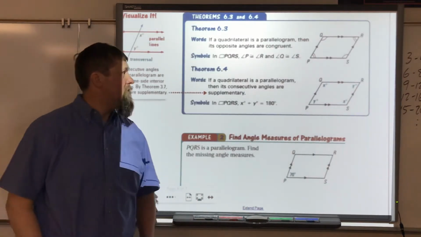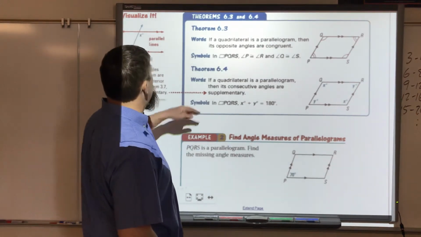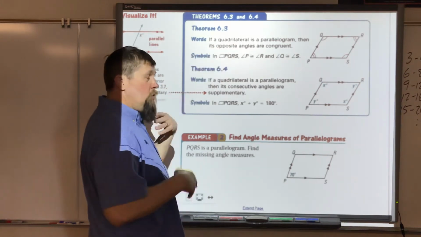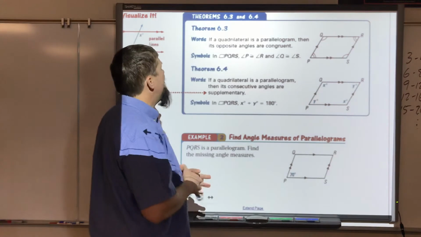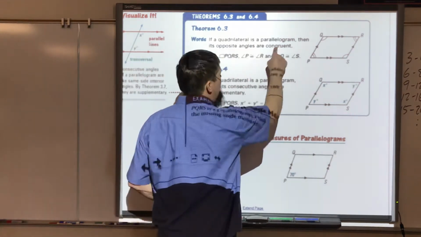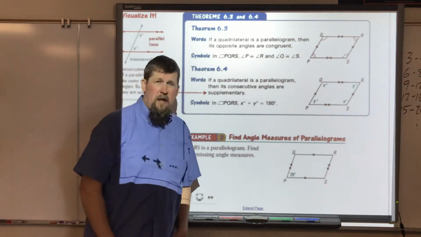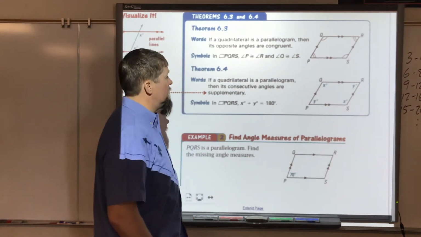Okay, here's the next two theorems. The next two theorems say that when a quadrilateral is a parallelogram, so you already know it's a parallelogram, then you can conclude that the opposite angles are also congruent. So not only are the opposite sides congruent, the opposite angles are also congruent.